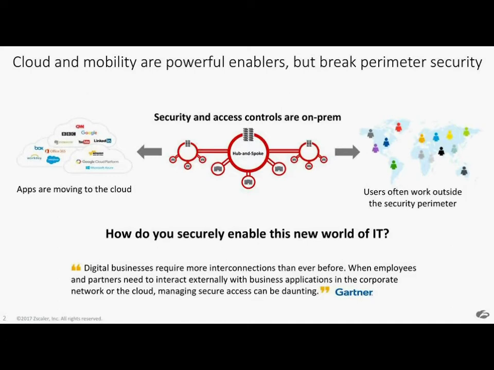And we're also seeing a lot more users outside of the traditional hub and spoke network, users working from home, and users working from coffee shops and on the move.